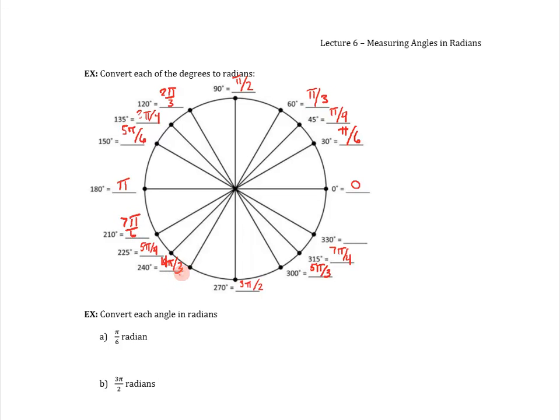Notice 8 pi over 6 we already have because that reduces to 4 pi over 3, 9 pi over 6, 10 pi over 6, and then 11 pi over 6 is the only one that we have left. And so these are the most commonly seen angles, and you should recognize this, and I think it's going to be good practice for you to fill in these blanks regularly just so that you remember where these different angles fall on the circle.